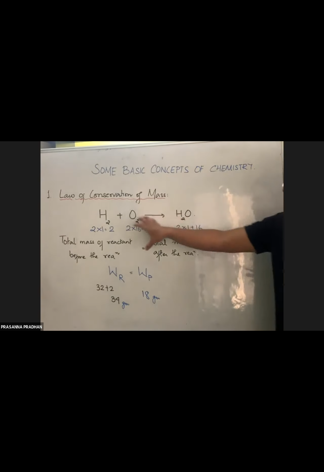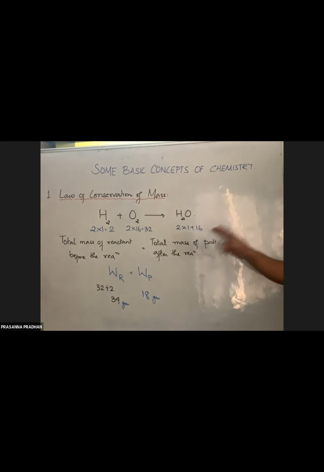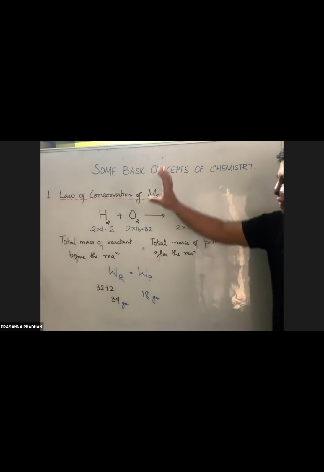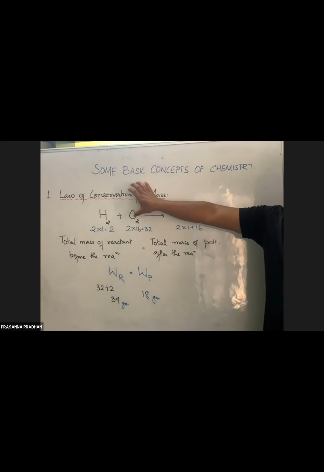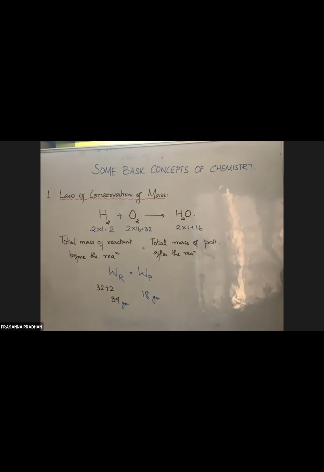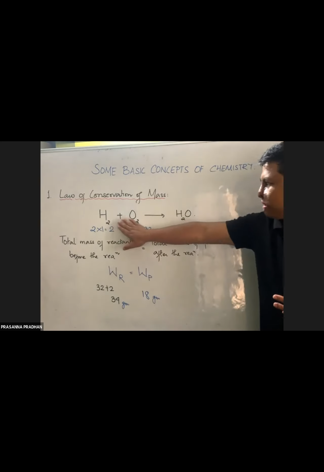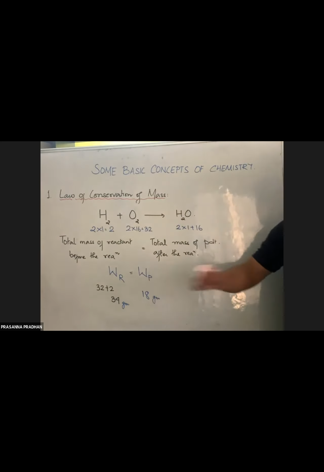So the thing is that if we don't balance a chemical equation, then the very fundamental law, that is the law of conservation of mass, will not be obeyed. If you don't balance, we see that 34 gram of hydrogen plus oxygen combines to give me 18 gram of water.